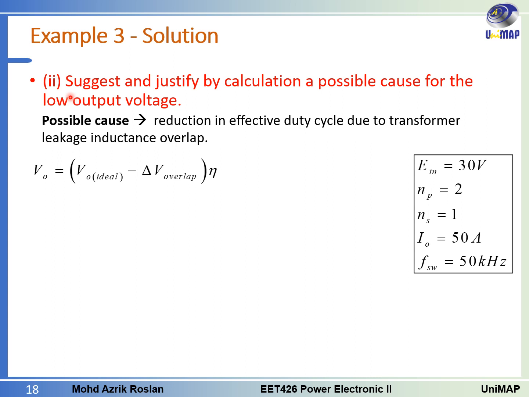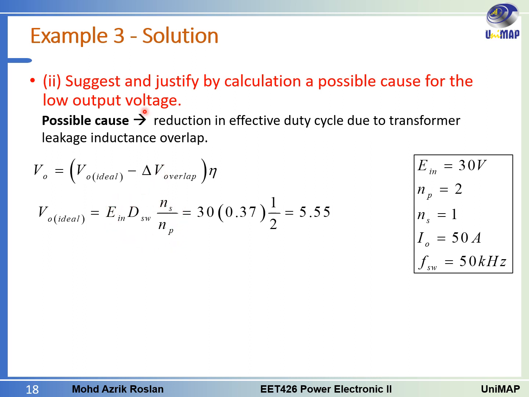So we know that when we have the delta V overlap, the equation will be like this: V out ideal minus delta V overlap, multiplied by the efficiency. So when we want to solve this, the V out ideal is equal to this one.